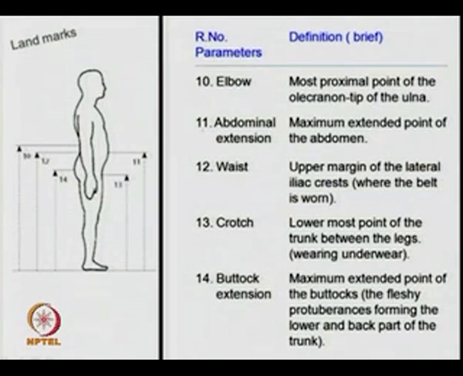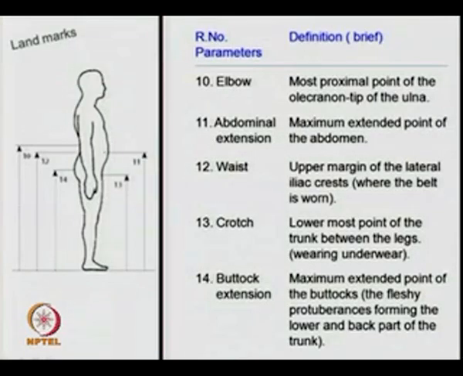Number 11 is abdominal extension height, the maximum extended point of the abdomen, wherever it comes, the maximum protruded point. The waist is the upper margin of the lateral iliac crest, like this, where the belt is worn.